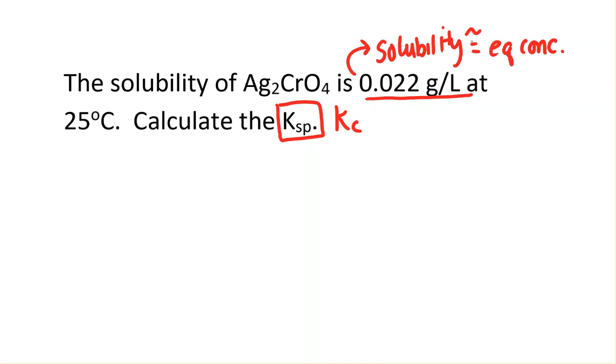Okay, and I wrote the little approximation because you need to make sure that's in molarity when you start using it. So that's one thing that you will do, is you'll use the molar mass to convert that to a molarity. In fact, let's just do that before we start doing all the other stuff. So we're going to use the molar mass of silver chromate.